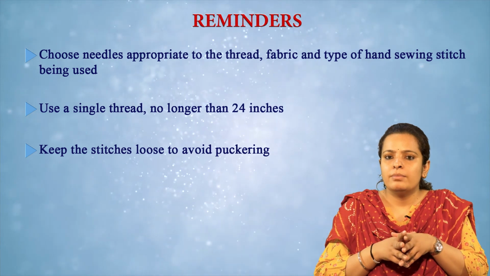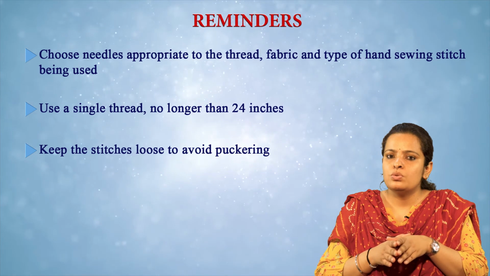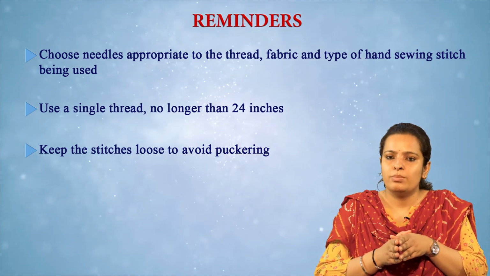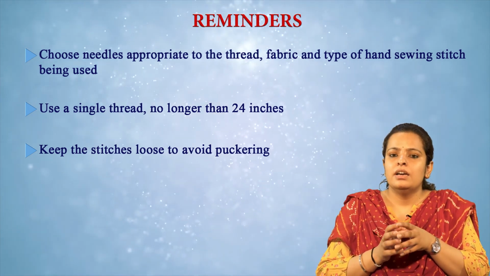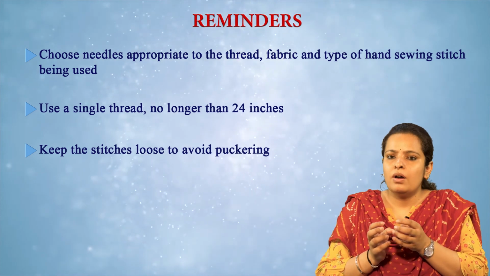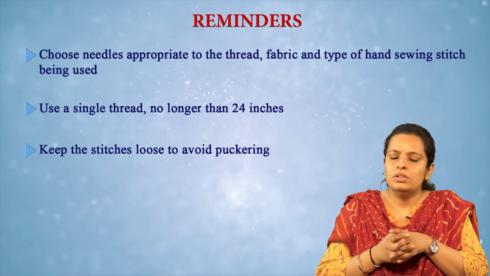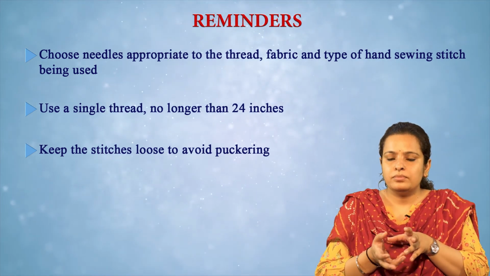If we are making hand stitches, they should not be too tight and should not be too loose. If we make the stitches very tight, it will give puckering or wrinkles on the fabric. So avoid too tight or too loose stitches.